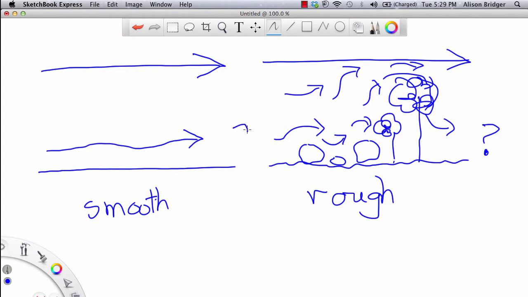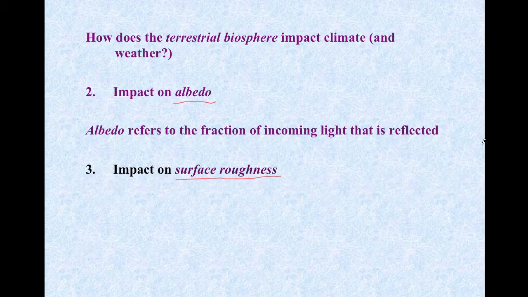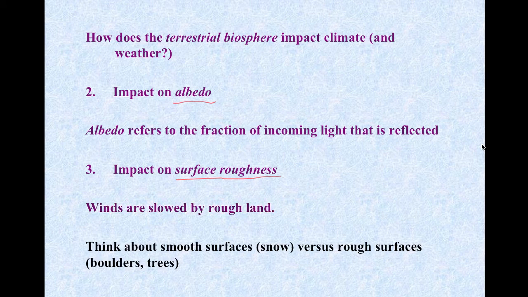The case on the left would be much easier to forecast wind speed and direction than the case on the right. So the terrestrial biosphere impacts the surface roughness. Winds are slowed by rough land, and as my amazing diagram shows, you can think about two contrasting cases yourselves.